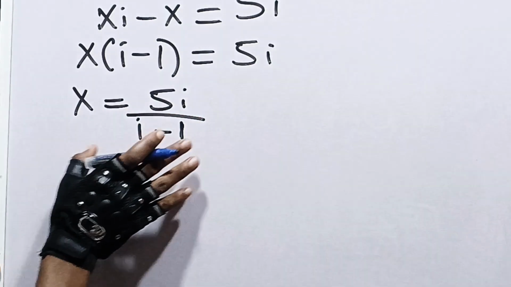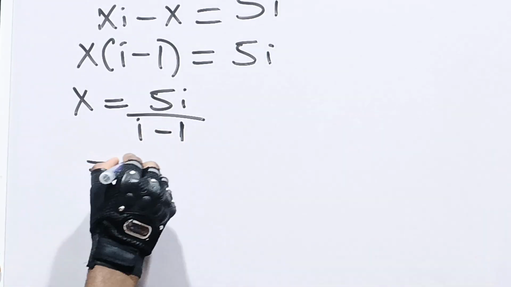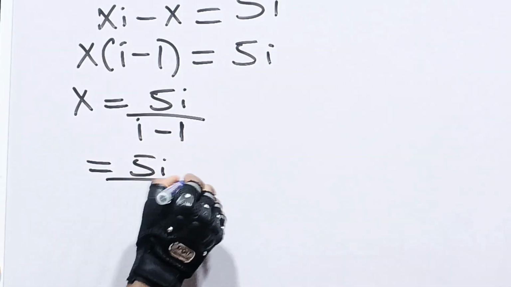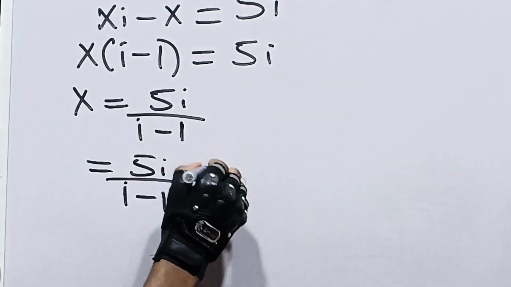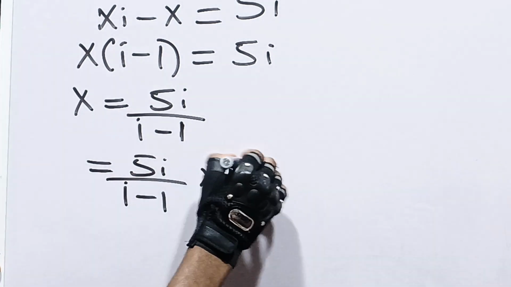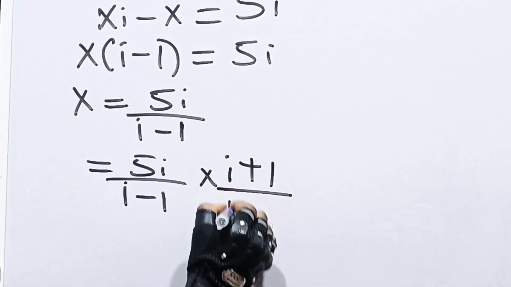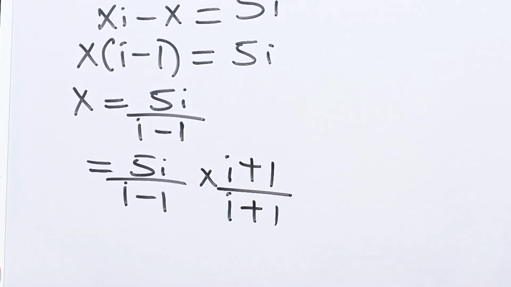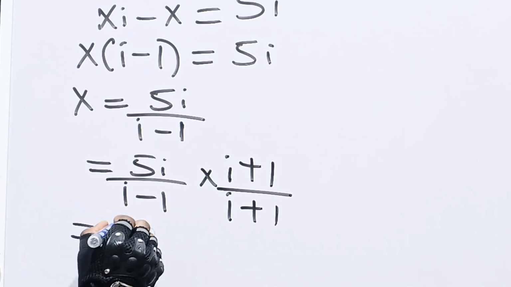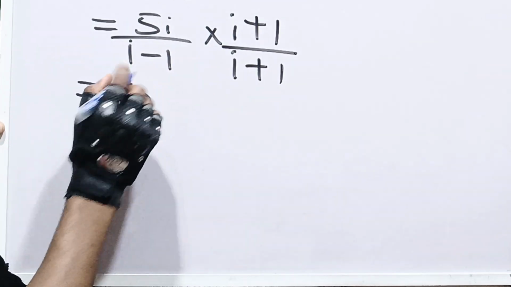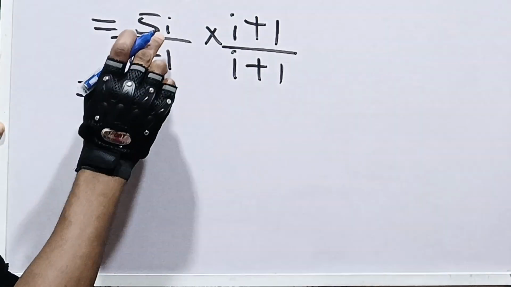Now again, we can rationalize this denominator. And this will become equal to 5i divided by 1 minus i. Sorry, i minus 1 rather. Multiplied by i plus 1 all over i plus 1. And this is equal to 5i times i is what? 5i times i.